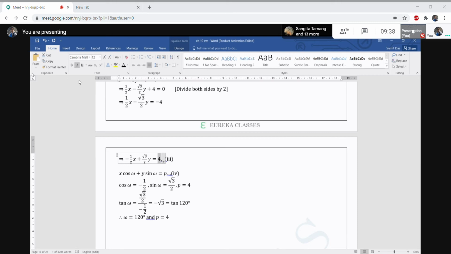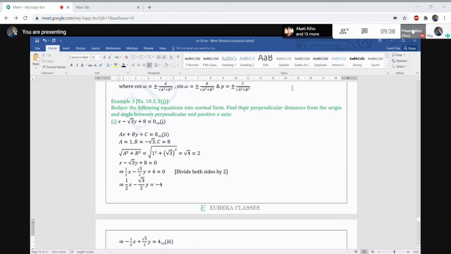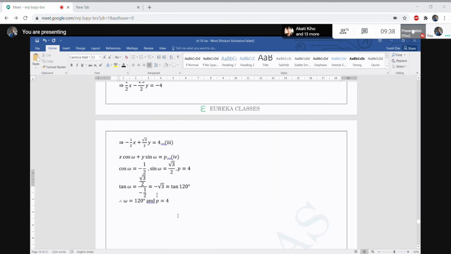After that, if we compare 3 and 4, we'll get cos omega equal to minus 1 by 2, sin omega equal to root 3 by 2, and p equal to 4. So if we divide, tan equal to minus root 3, so tan 120 degree equals minus root 3. So that's the angle. Here you can see the perpendicular distance from the origin is 4 and the angle is 120 degree.